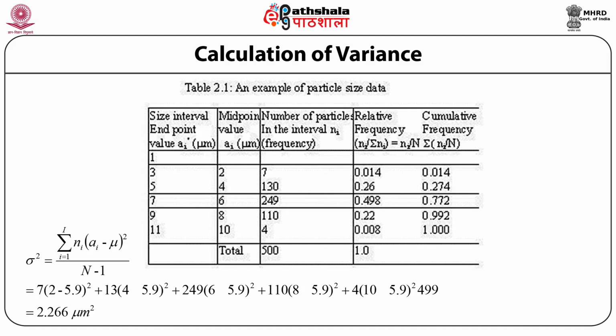We can see from the table that sigma square comes out to be 2.266 micrometer square. The square root of variance, that is sigma, is the standard deviation, and it comes out to be 1.505 micrometer for the data tabulated in table 2.1.